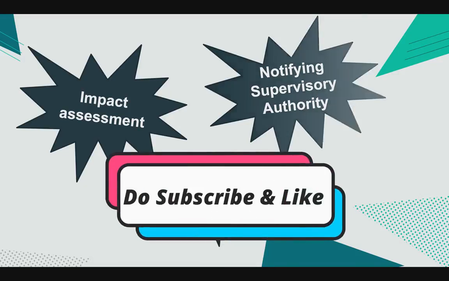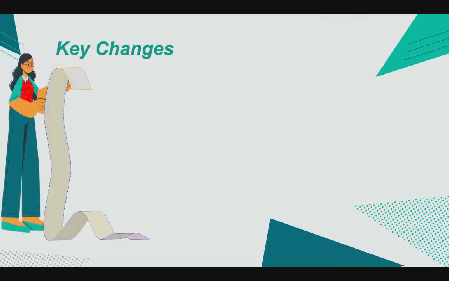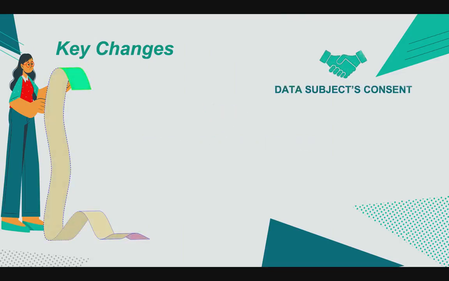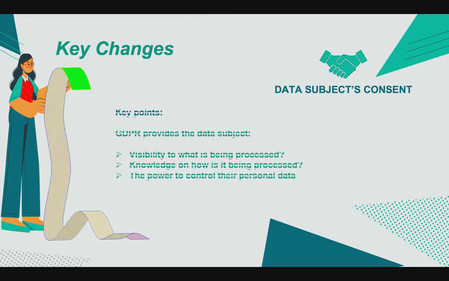Now, the next change that we will talk about is data subjects' consent. The conditions for consent have been strengthened. Consent provides the data subject the visibility to what is being processed, knowledge on how it is being processed, and the power to control their personal data.